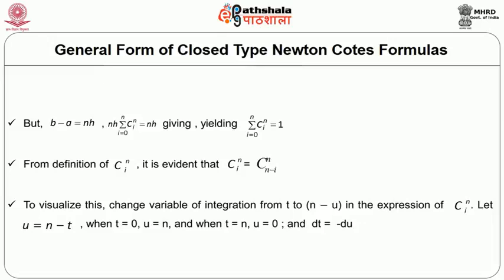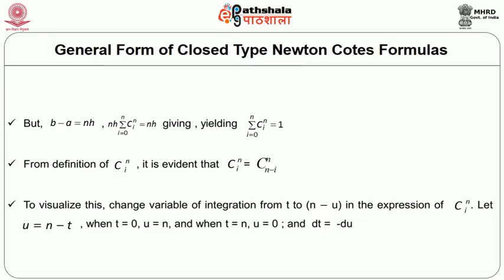The other important property shared by these Newton-Cotes coefficients is that NCi's are equal to NC(n minus i). In other words, suppose our n is 5, 5C0 will be 5C5, 5C1 will be 5C4, like binomial coefficients. 5C3 will be 5C2 and so on.